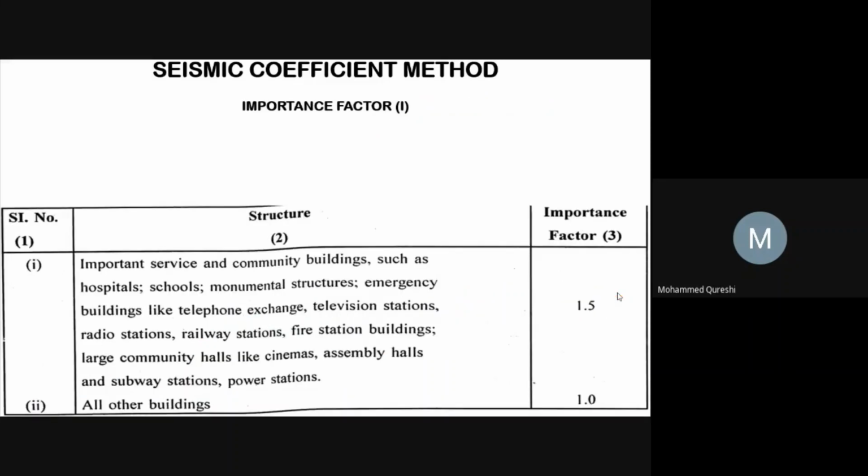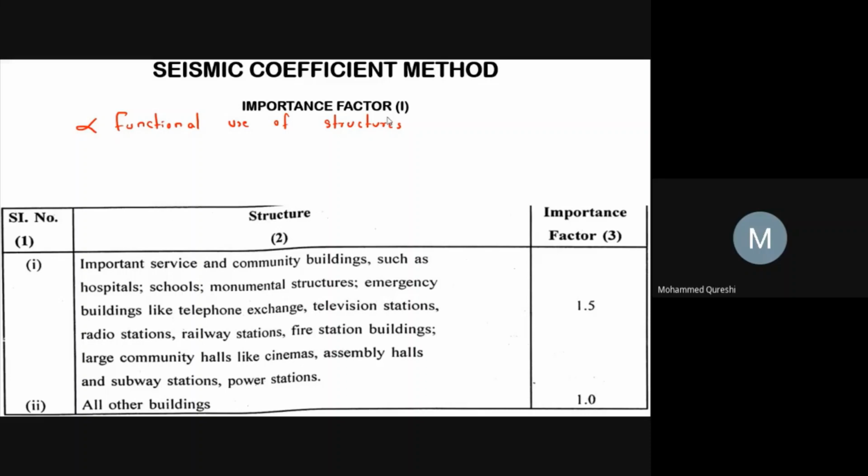Next, importance factor. Importance factor generally depends upon the functional use of the structure, characterized by hazardous consequence of its failure, post-earthquake functional needs, historical value, or economic importance.